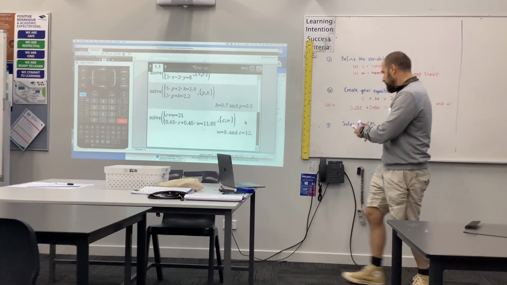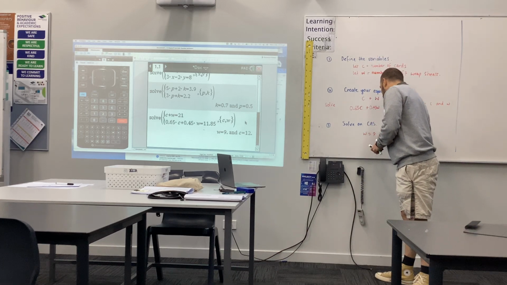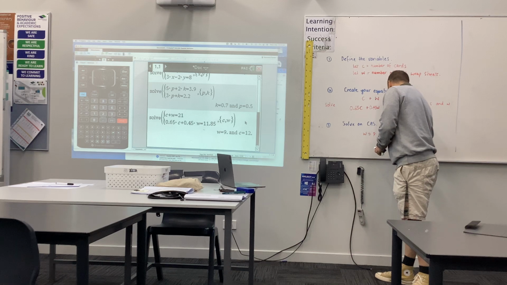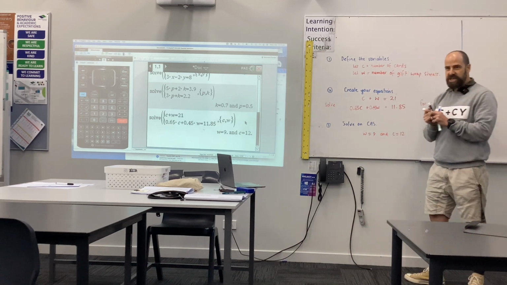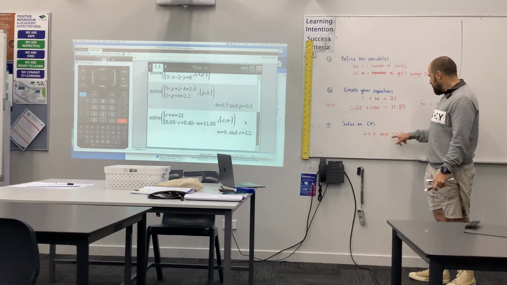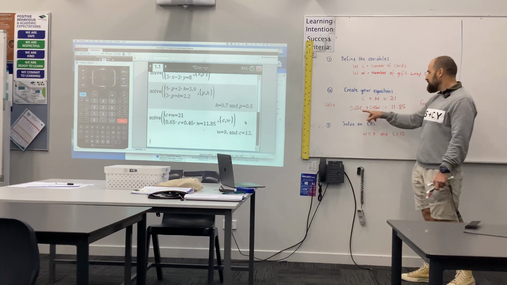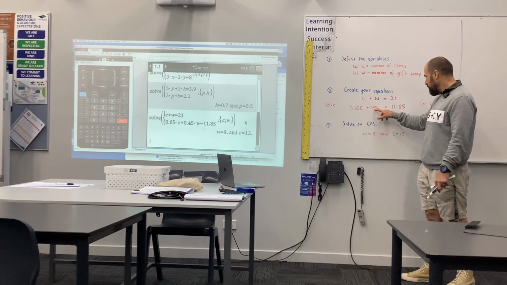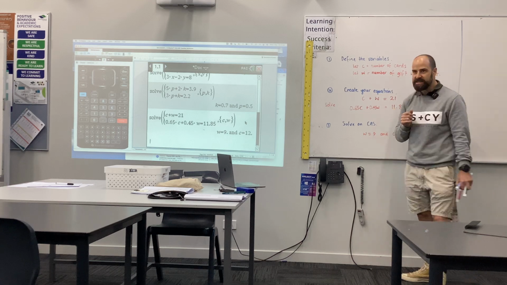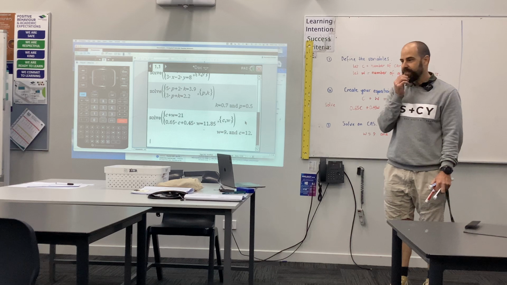So W equals 9 and C equals 12. And you can check, does that add up for the first one? Does 9 plus 12 equal 21? Yes. And then you could do 12 times 0.65 plus 0.45 times 9 to check that it's that one. But I'm pretty confident the calculator's going to be right, but you can still do it.